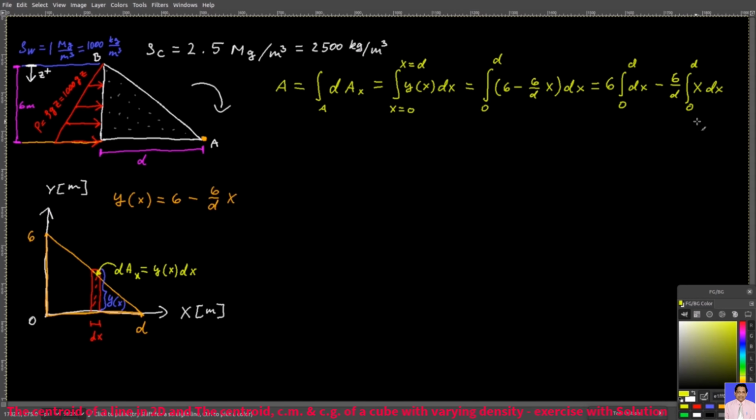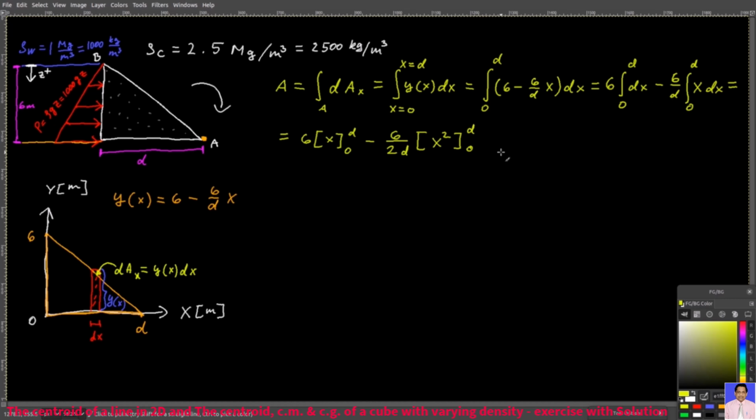I can also write it out like this. Note that even though I have to find d, right now I'm assuming that I know my d, so I'm treating it as a constant, and that's why it's outside of the integral.